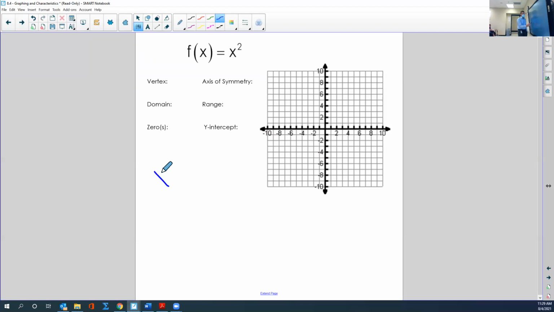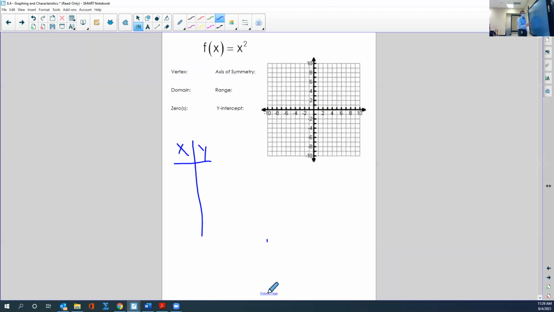Now, for the parent graph, we're going to graph this using a T-chart. We're not going to do this every time, but this is just to refresh you on what the parent graph will look like. So typically, we plug in -2, -1, 0, 1, and 2. That's for almost all parent graphs. That will expand some once we get into other types of functions, but for the most part, that's what we typically plug in.